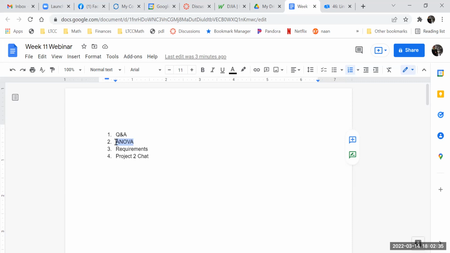So I'll talk about ANOVA and the requirements. That's one of the difficult things: what do you need to be able to do ANOVA? And we'll get into that. And then finally, we will get into Project 2.